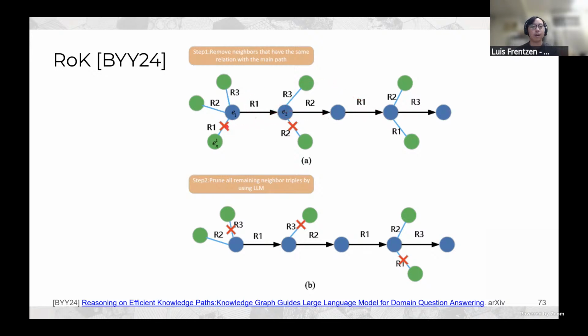For example, maybe R1 here appears 2 times, so you only want one of them, and you don't have to keep the other ones. So you first deduplicate, and then you can also semantically score its relationships. If a relationship is not really tied to your context, then you can just remove it. So you are further pruning your graph.